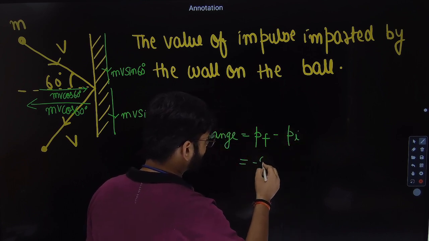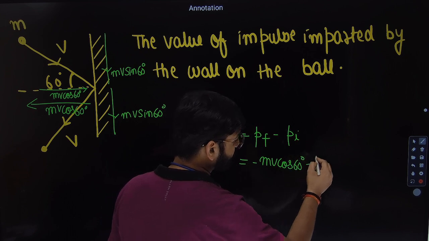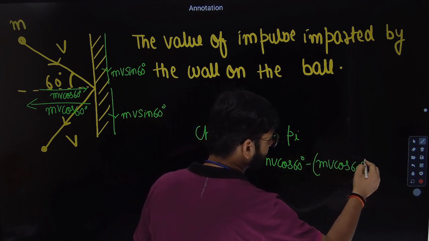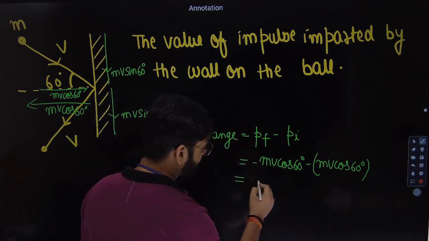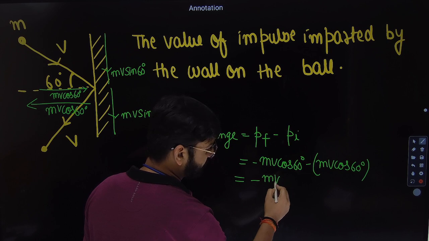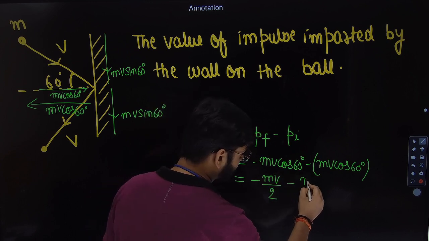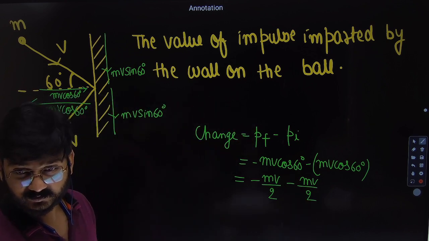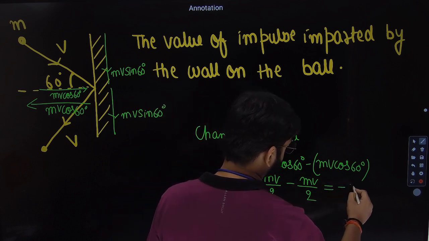So final is minus mv cos 60. Initial is plus or minus? Plus. What is cos 60? 1 by 2. So what will be the answer? Minus mv by 2, correct? Minus mv by 2. What is the answer? Minus.